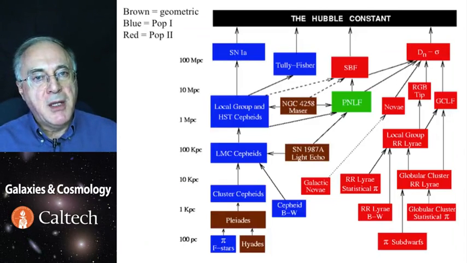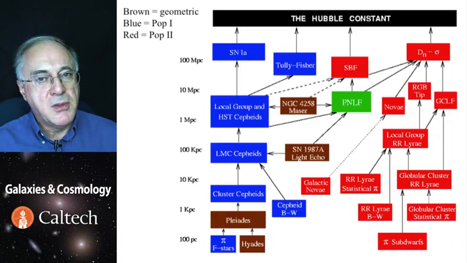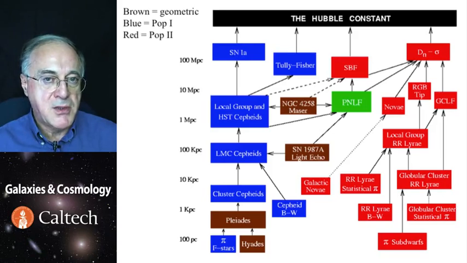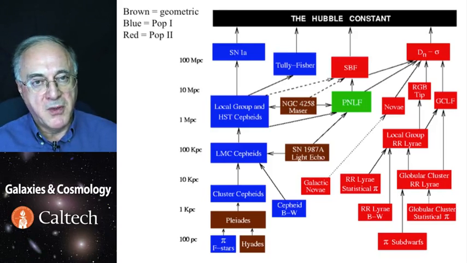So here is a schematic flowchart. It is not there to confuse you, it is just to show you a little bit how complex the network of measurements has to be, with mutual checks, to find out how far things are in the universe. It starts with the nearest stars and goes all the way to supernovae and truly cosmological scales.